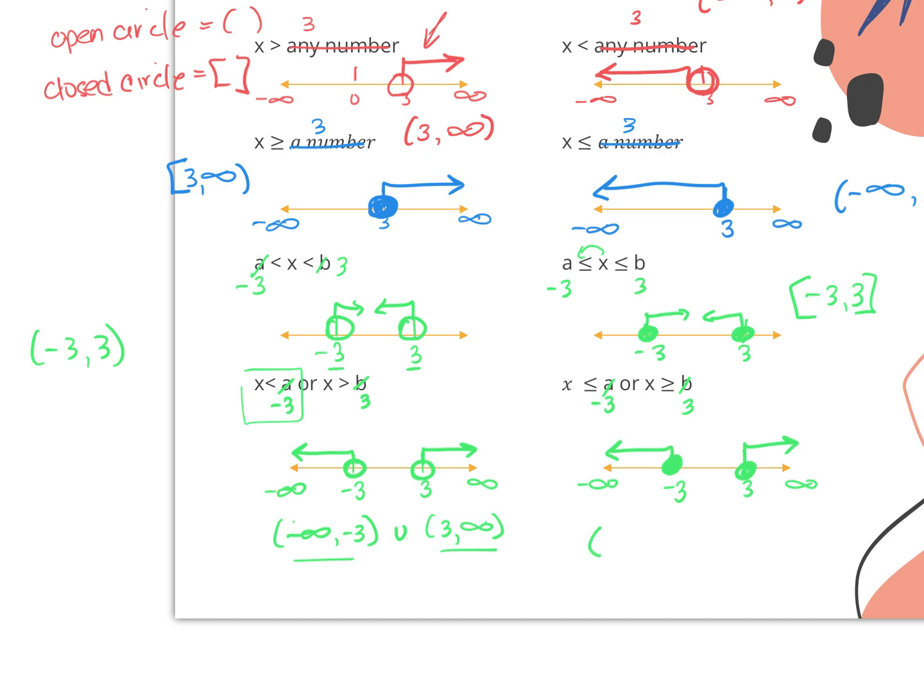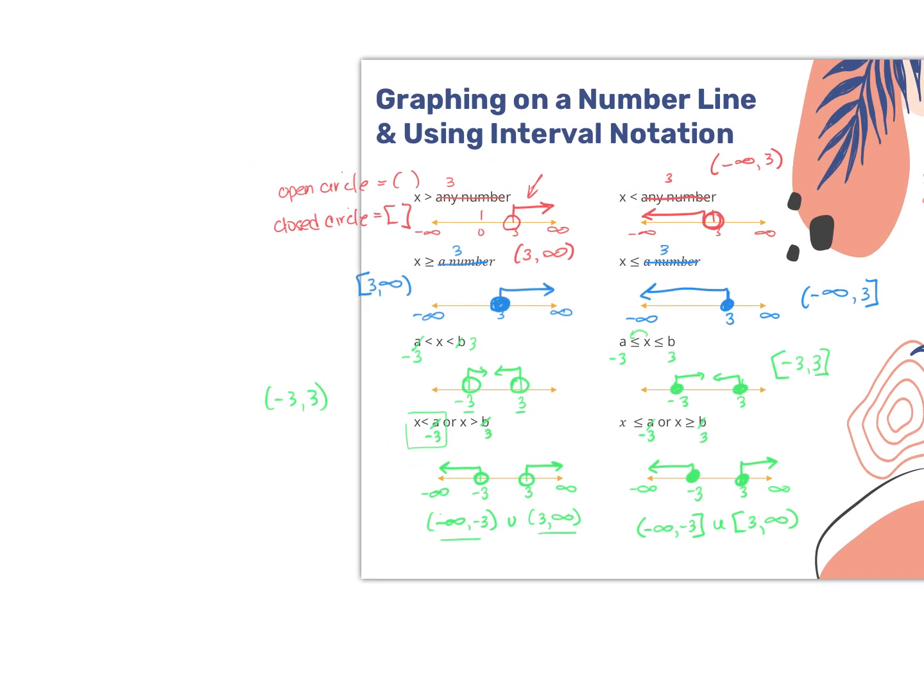So again, this is still a parentheses with the -infinity, but at the -3, it would be a bracket. It's union. It's a bracket at 3 because our answers include 3 and -3, and then infinity with a parentheses. So I hope that helps a little bit.